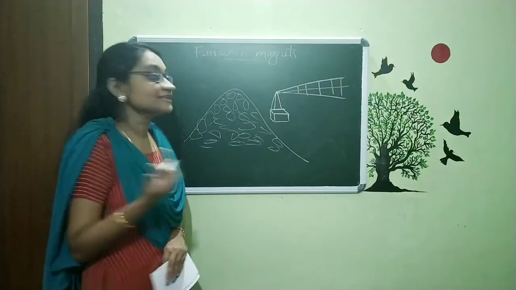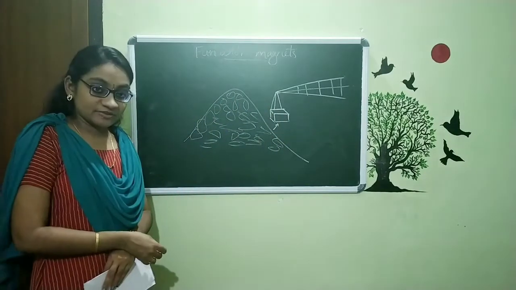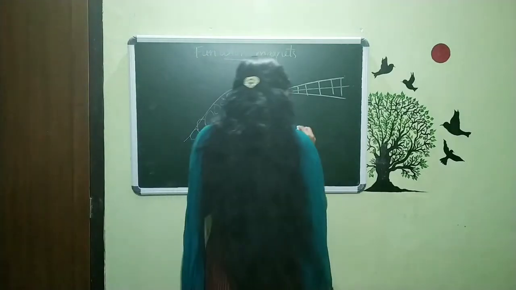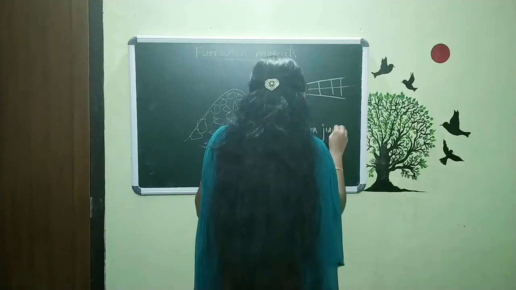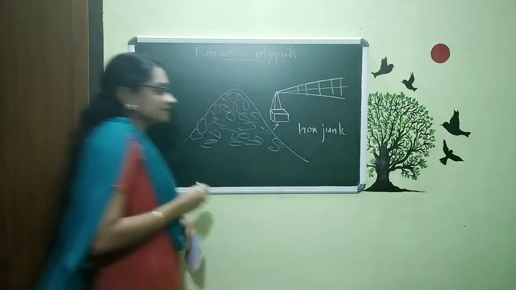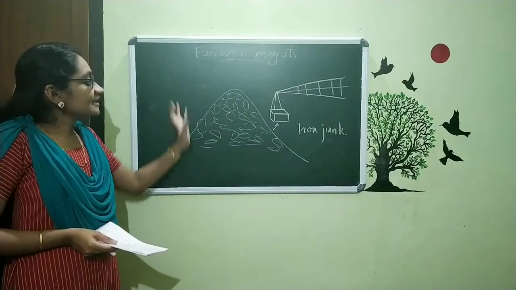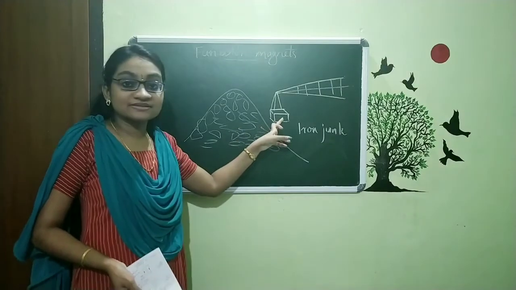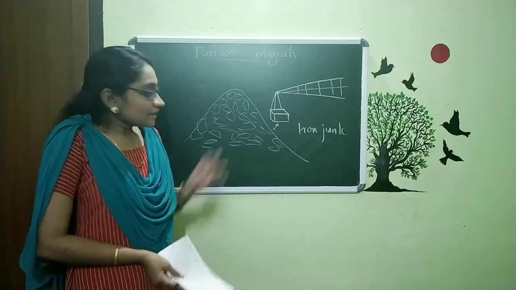When the block is moving towards this waste, some special things are jumping towards this block. Those special things are some iron junk. Iron junk means iron waste. So the iron inside this waste is jumping towards this block. Why? What is the reason?